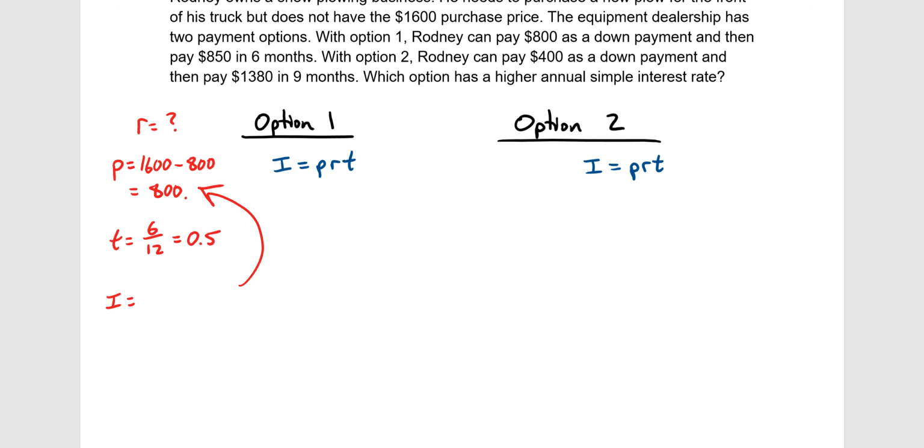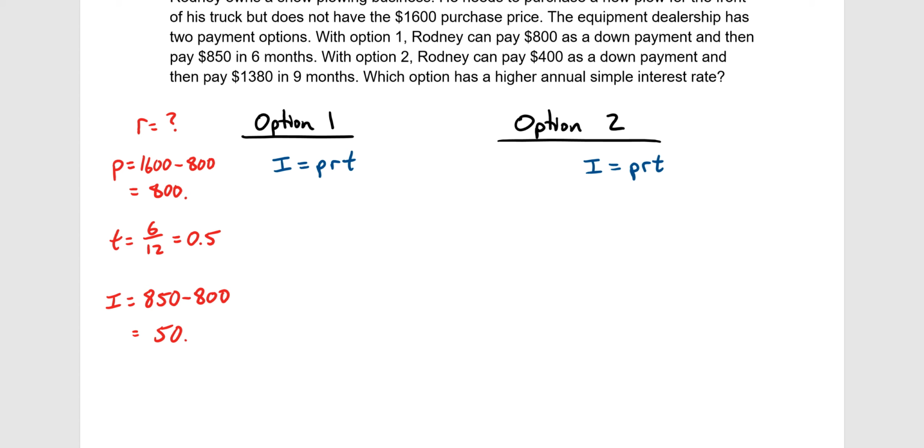And he had to pay $850 for that $800. That means the interest is the difference. So the interest is $50. He had to pay $50 to borrow that $800.